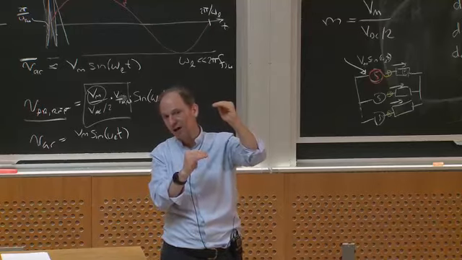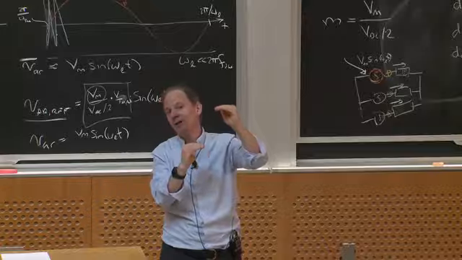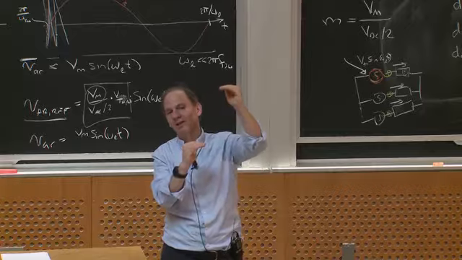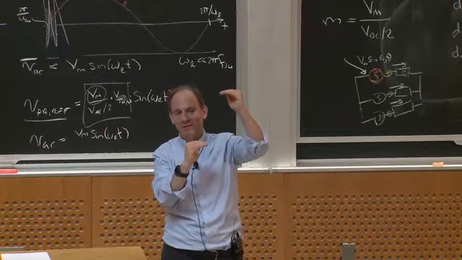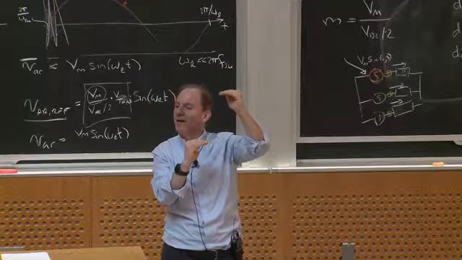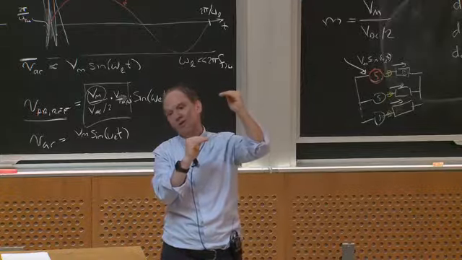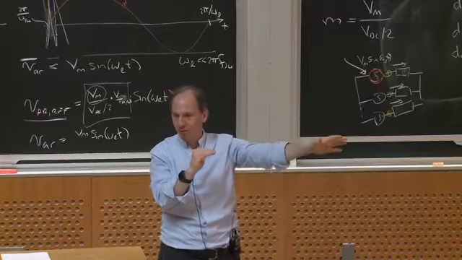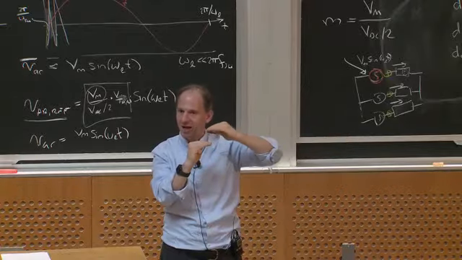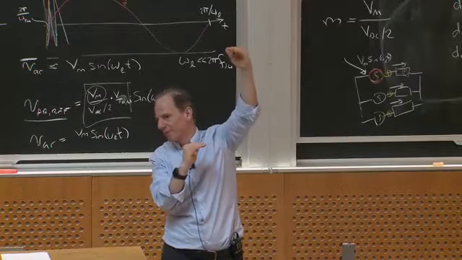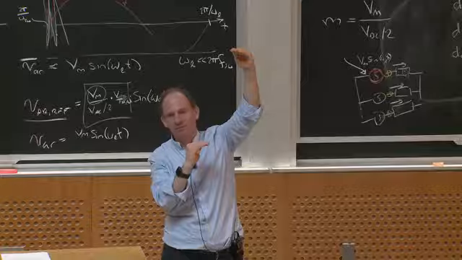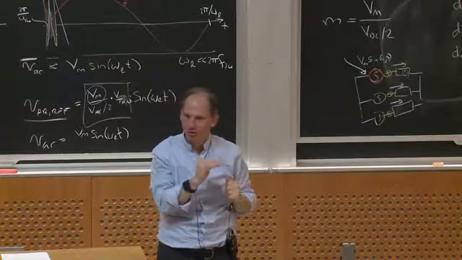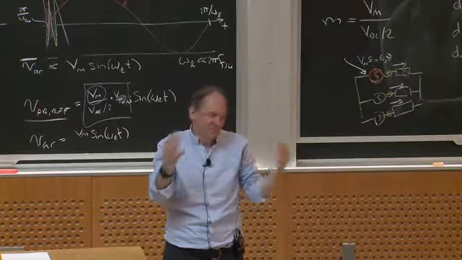If I use my third harmonic injection trick, I can get it up to VDC over 2 times 1.15. And if I don't care about distortion and let a bunch of low frequency harmonics exist, I can drive up the modulation index even further and get up to 4 over pi VDC over 2. And people do that.